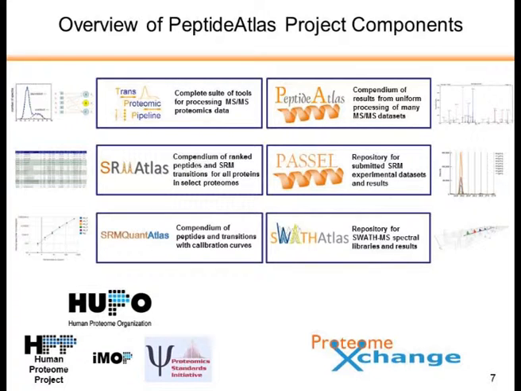These are much more characterized SRM assays. It takes a lot more work, so this is less complete than this. And the SWATH-Atlas, I think Sam will talk about later today, uses this relatively new technique called SWATH, or data independent acquisition. They're built on a consistent framework in that they're in a shared database, and they use some of the same tools.